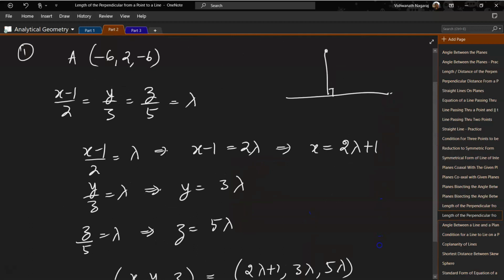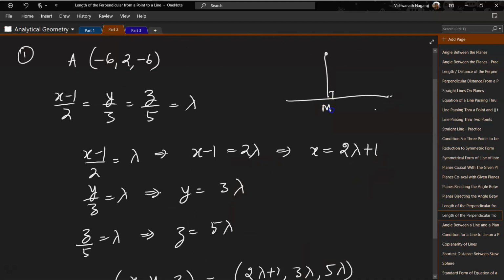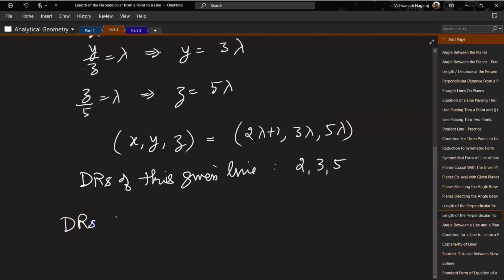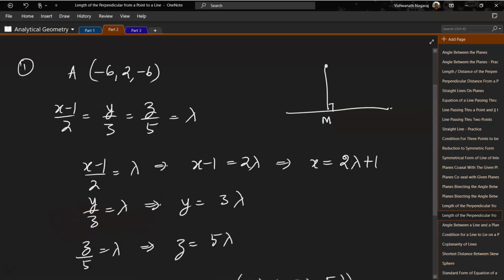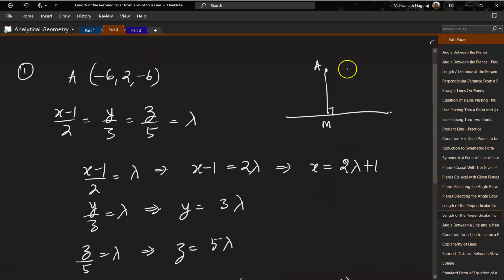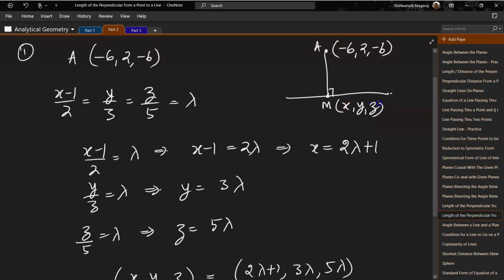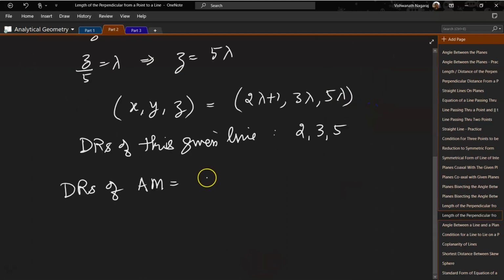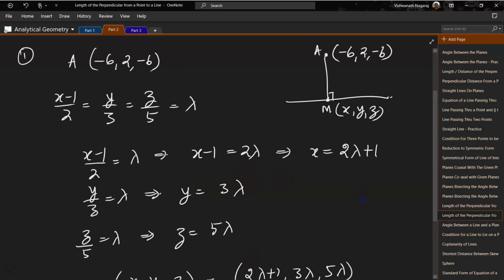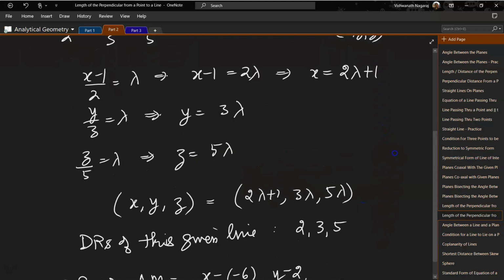Now let us say this point is M. So what will be the DRs of AM? DRs of AM would be this minus this. Remember, what is this M? We don't know, but A we know is (-6, 2, -6). And remember, this is going to be (x, y, z). So DRs of AM would be x minus -6, y minus 2, z minus -6.